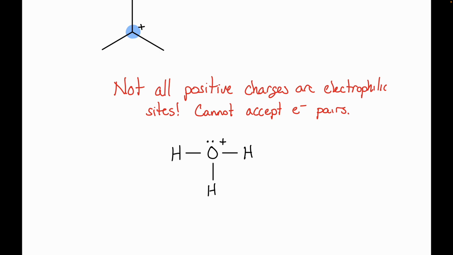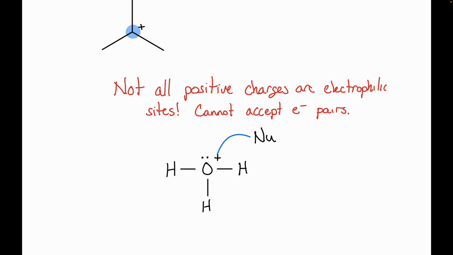Because if I'm looking at this molecule here, the formal charge of +1 resides on what atom? The oxygen. All right, but what's the problem? Let's say that I was some nucleophile, and I'm trying to donate a pair of electrons to this oxygen here. What's the problem?